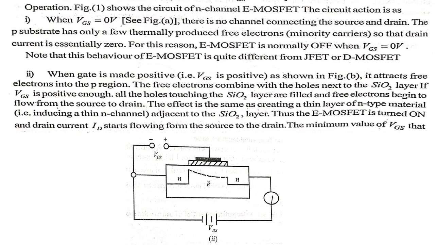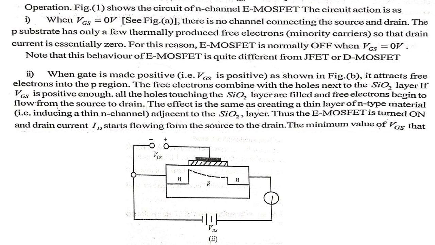Note that this behavior of the E MOSFET is quite different from the JFET or D MOSFET. When the gate is made positive, that is, VGS is positive as shown in the figure, it attracts free electrons into the P region, and the free electrons combine with the holes next to the SiO2 layer.